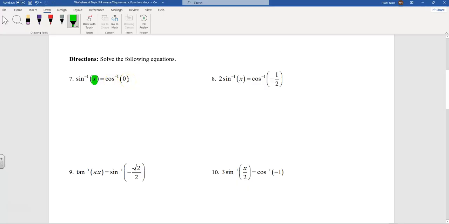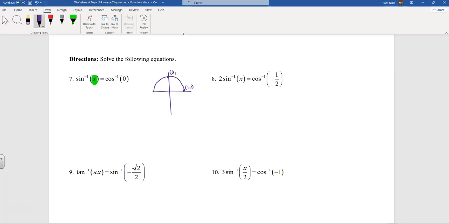Okay, so on the unit circle, for sine and for cosine, I only want to think about the first and second quadrant whenever I'm doing inverse cosine. So inverse cosine of 0 is where does cosine equal 0? Cosine is your x-coordinate. So right here you got 1, 0.